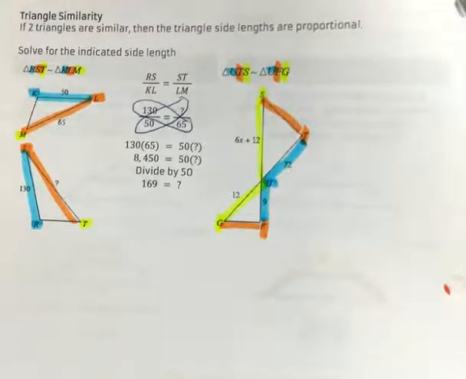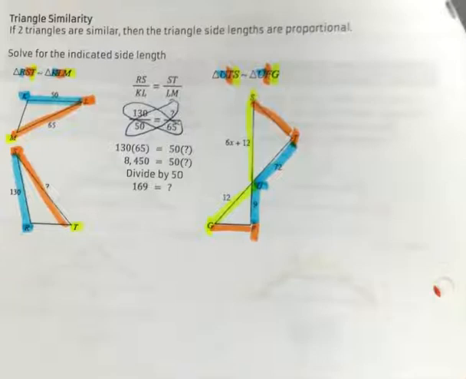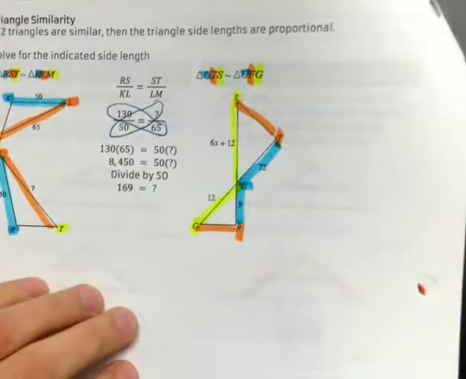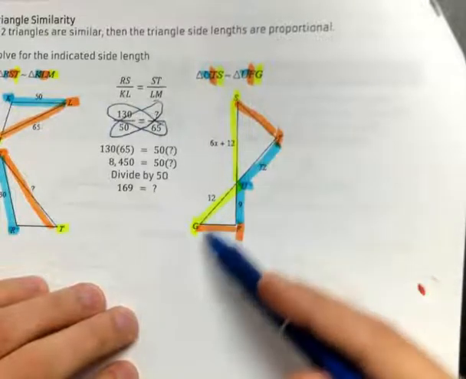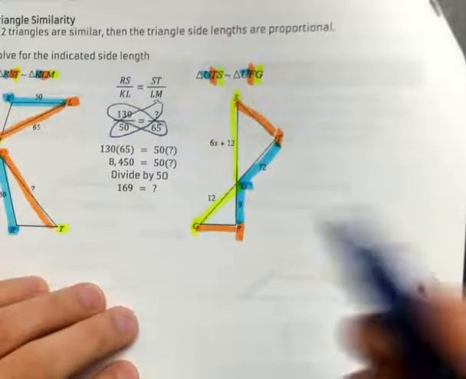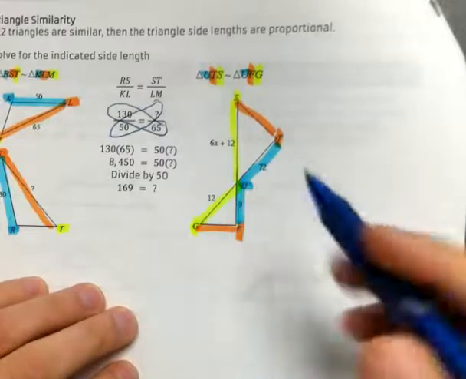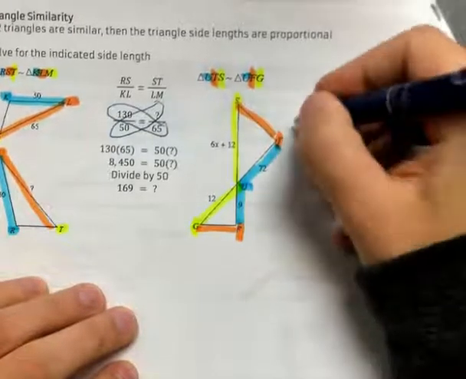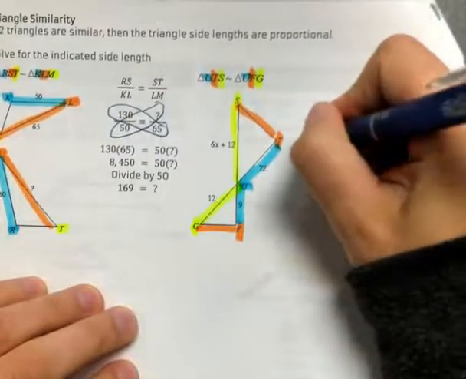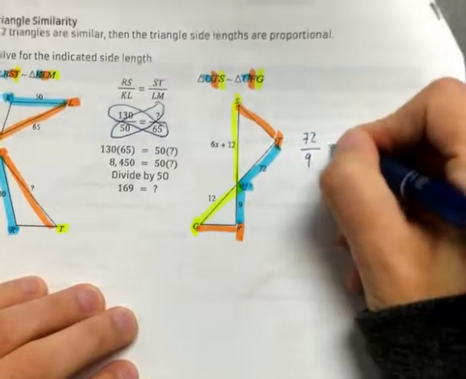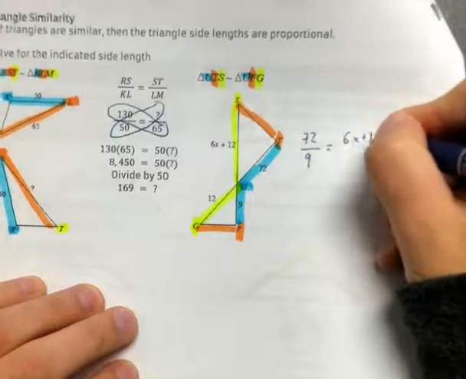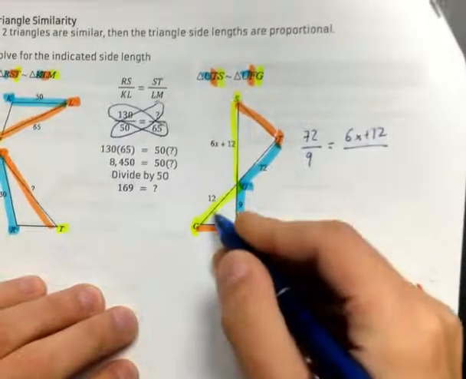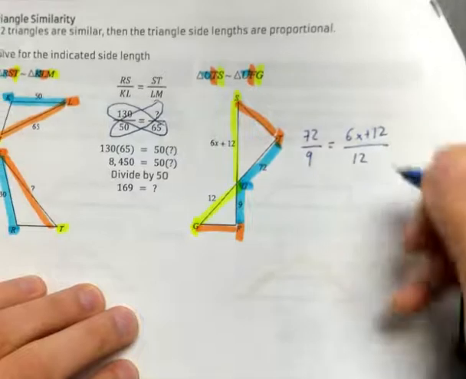Okay. All right. So now I need to follow the same pattern to say blue divided by blue equals another color divided by another color. There's nothing on orange, so I'm not even going to go through that. Let's say the top blue, so 72 divided by the bottom blue, 9, equals the top yellow, which is 6x plus 12, divided by the bottom yellow, which is 12.